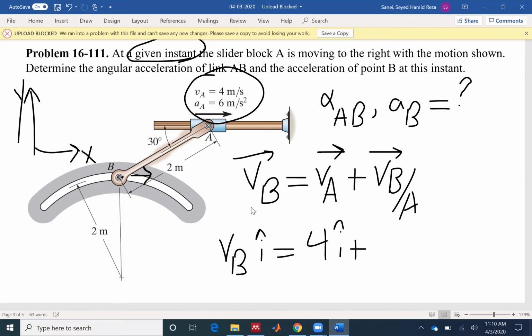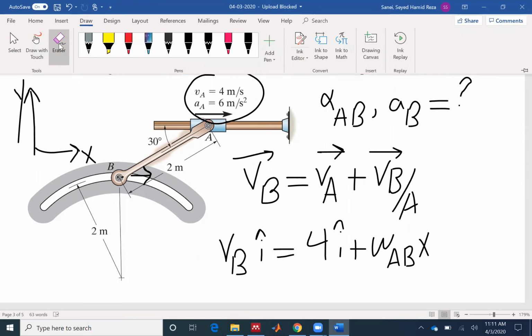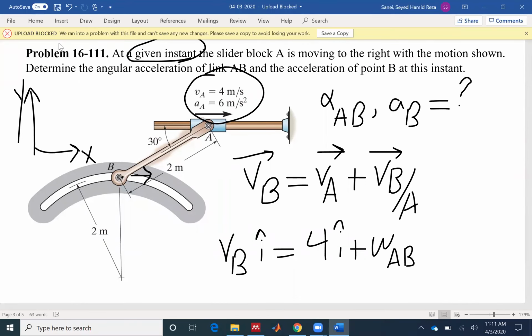VBA is the rotational component, so omega AB cross, I don't know the value for omega AB, but I know that it's either clockwise or counterclockwise. It would be in the direction of positive k or negative k, cross RB with respect to A. RB with respect to A means from A to B.